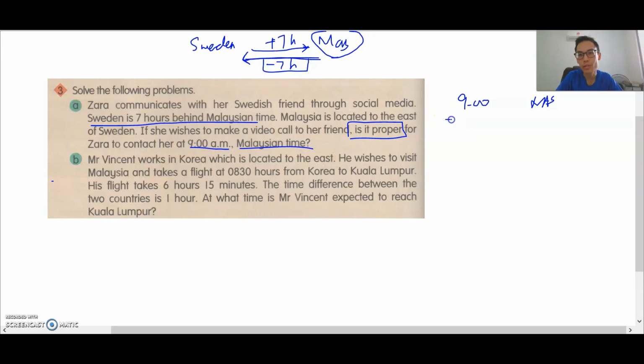This is hours. This is minutes. So you get 2 o'clock. Malaysian time is AM, 9 AM. So this is 2 o'clock AM. So is it proper to contact her Swedish friend? No. Okay, 2 AM in the morning, everybody is sleeping. So it's not appropriate.